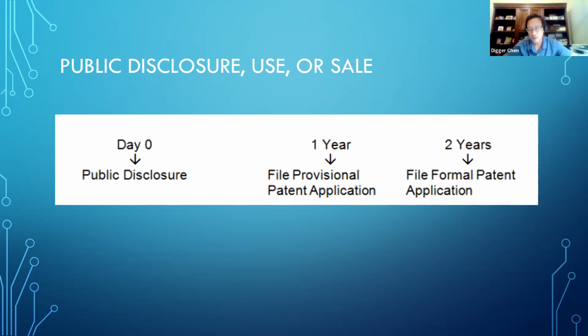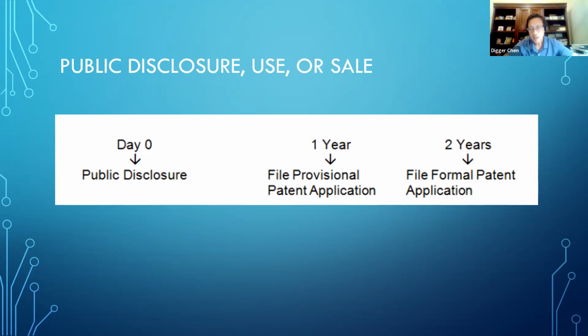Nobody recognizes it. USPTO doesn't do anything for you. You cannot say, hey, after 2 years, I have a provisional application, I need to file. USPTO will say no. Either you file a new application, provisional or formal, or not.